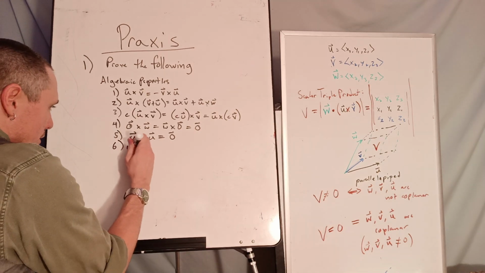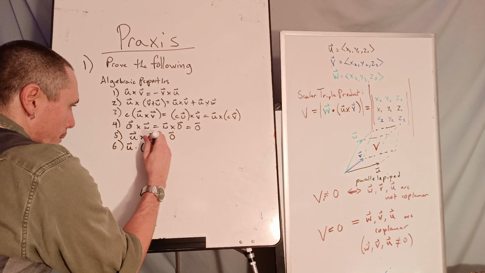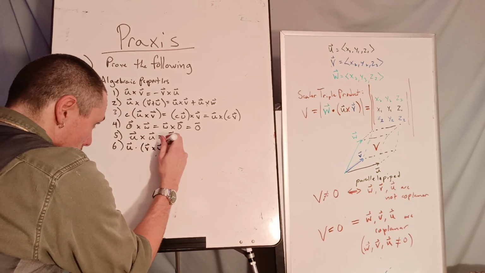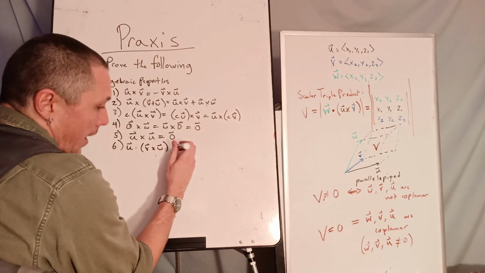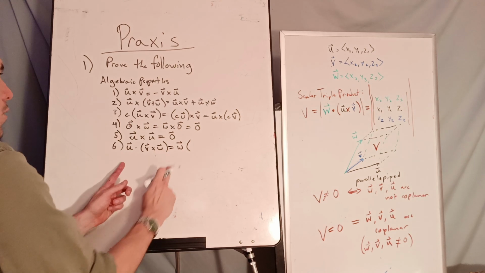Number 6, if I take the dot product, this is the scalar triple product. If I take the scalar triple product, I can permute the things as long as I keep the order correct.